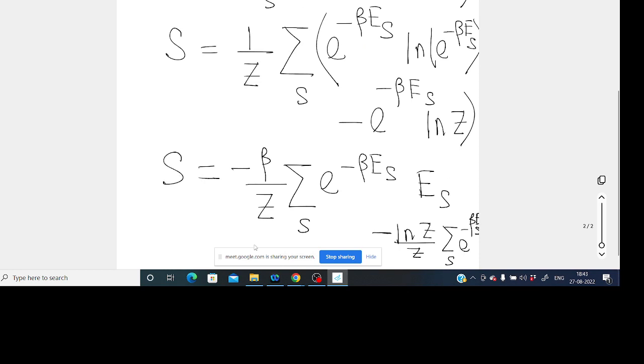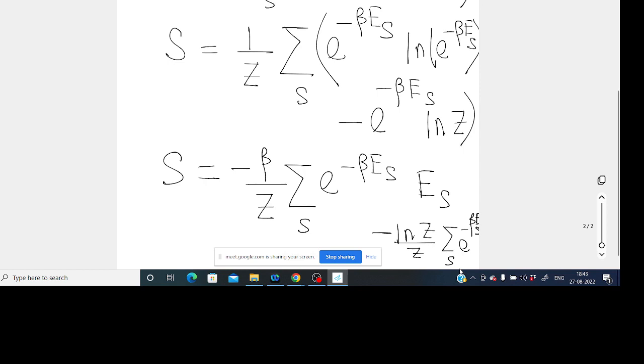So S is equal to minus beta by Z sum over s e to the power minus beta Es into Es, minus log Z by Z into sum over s e to the power minus beta Es. Now see here, sum over s e to the power minus beta Es is equal to Z, the canonical partition function. So from the second term we will get minus log Z, because Z and Z will cancel out in the numerator and the denominator.